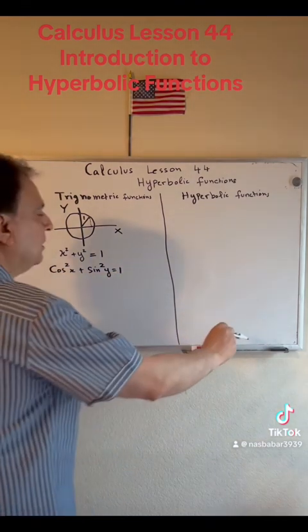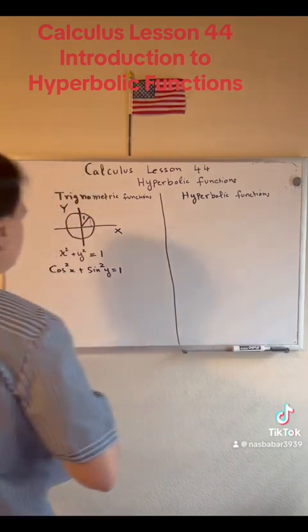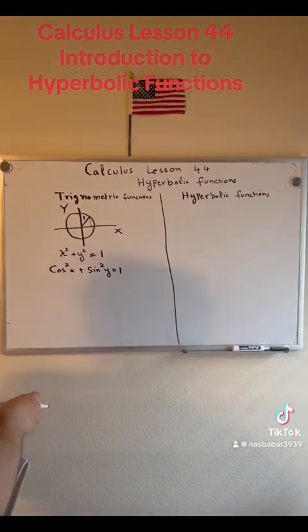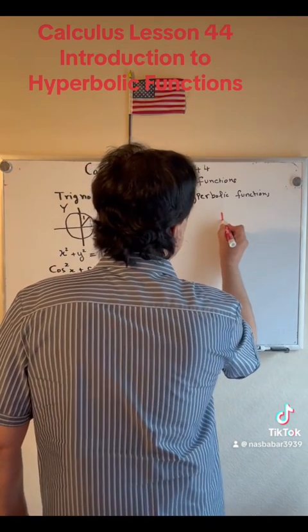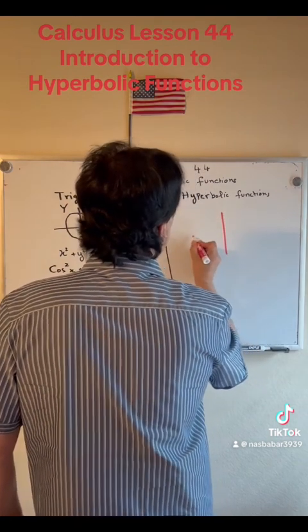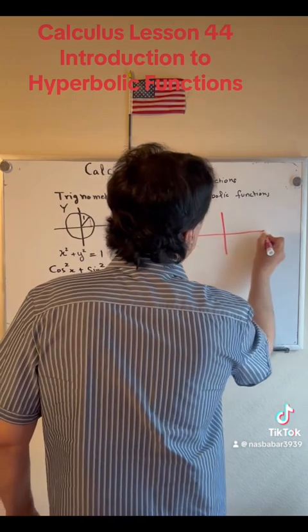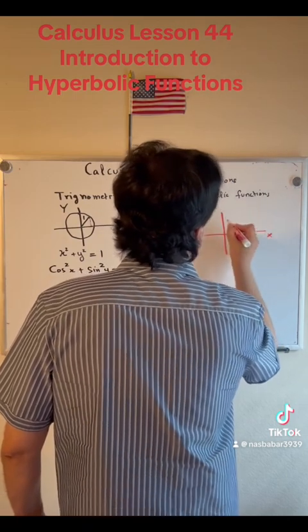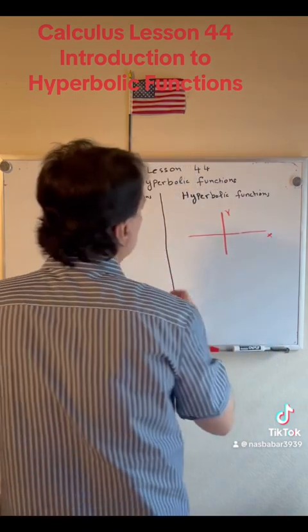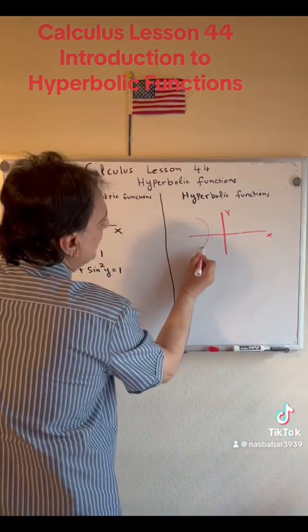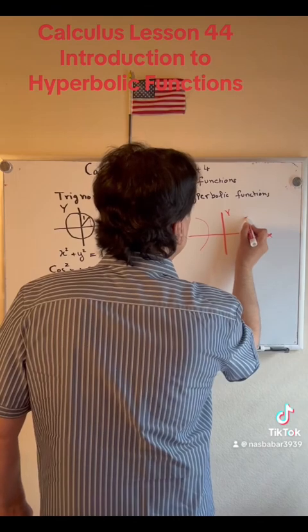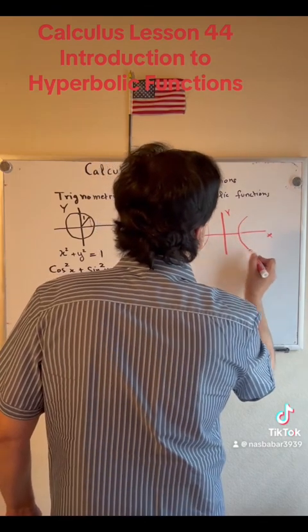Now let's look at the hyperbolic function. How does that look? In the case of a hyperbolic function, let's say we have an x-axis and a y-axis. So the hyperbolic function is going to look kind of like this. So this is your hyperbolic function.